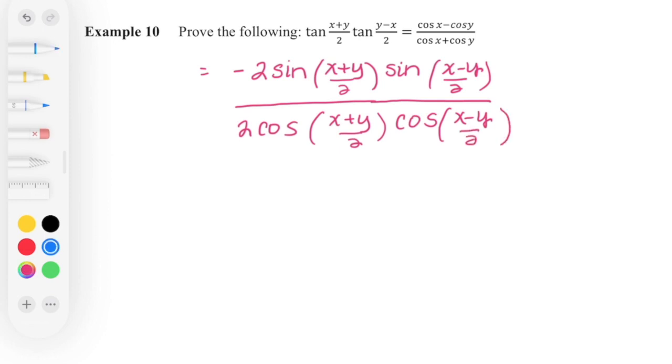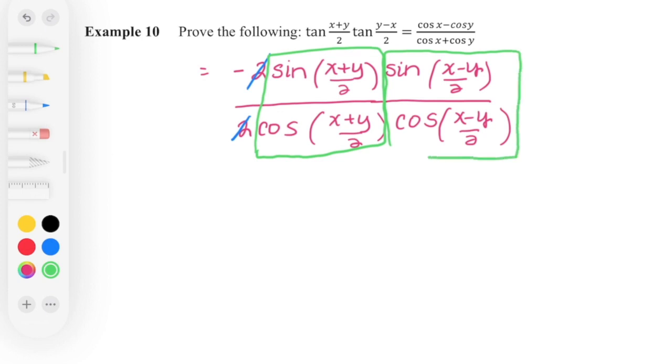I have a couple common factors here, my 2's to be exact. And then notice I have sine over cosine with the exact same value, and then sine over cosine with (x minus y) over 2. That now allows us to have negative, we still have the negative from here.